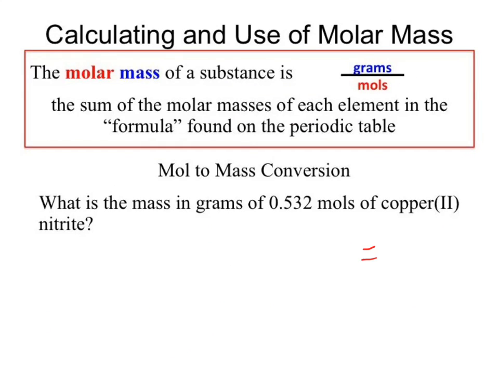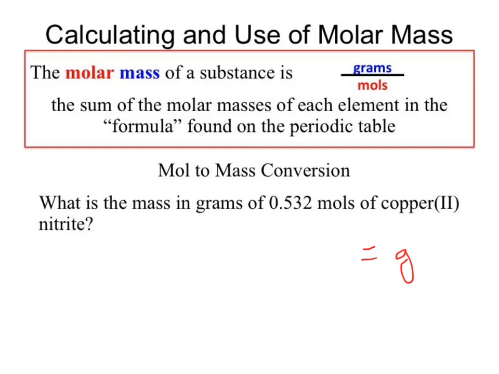Start at the end. What does our answer need to be? Grams of copper nitrite. Tricky thing. What's the issue with answering this question? You need to know the formula for copper nitrite.